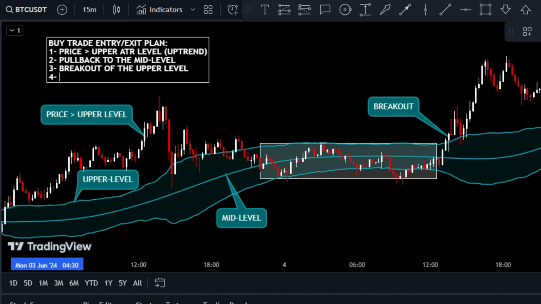But before we dive in, double check that the Fisher Transform indicator confirms the buy signal. If the histogram is green and above the zero level, it is a green light for you to enter the trade.